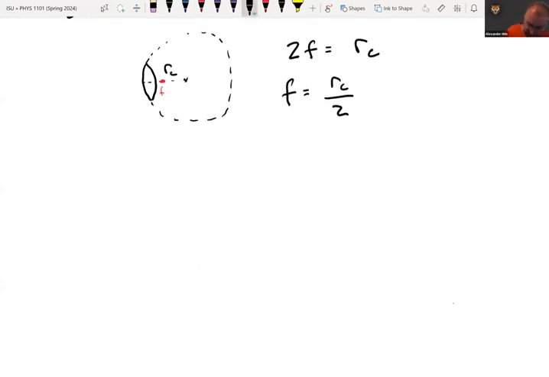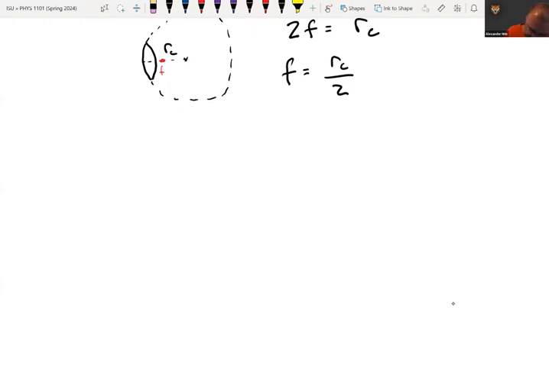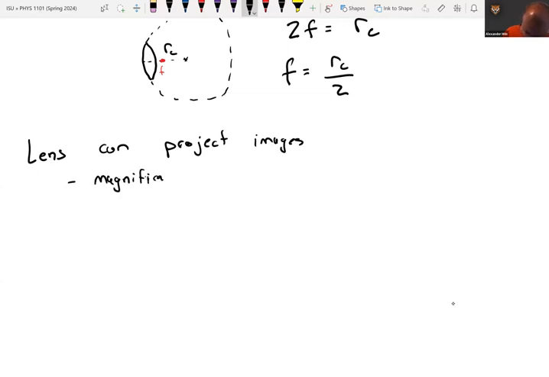Now, the coolest thing about lenses is that lenses can project images. And when you think about a lens as either magnifying something, this can be done in the form of some sort of magnification. It can be done in the form of some sort of demagnification. Sometimes this is useful.